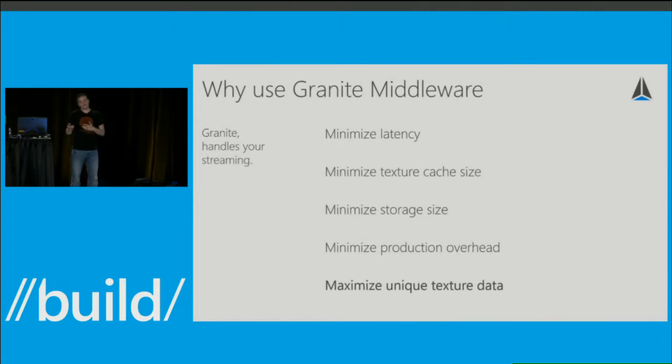So that's also really a key thing. And another thing, which is more inside the Granite library, is minimizing the storage size. Because if you have raw data of 36 gigabytes, there's no way you can get that game shipped to your gamer, because you're going to have more than just one level. So that's just way too big.